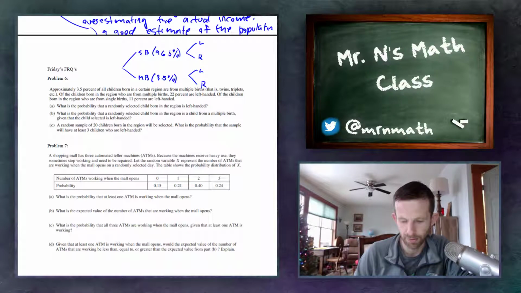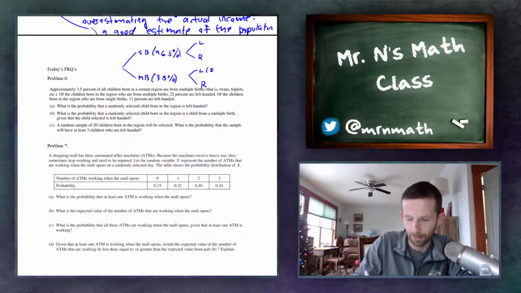Of the ones from multiple births, 22% are left-handed, which means this is 78%. And from single births, 11% are left-handed, 11%, 89%.